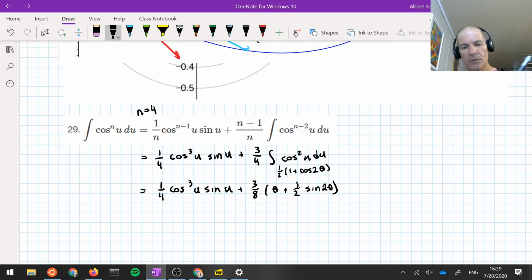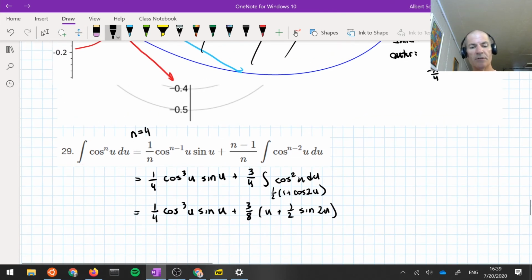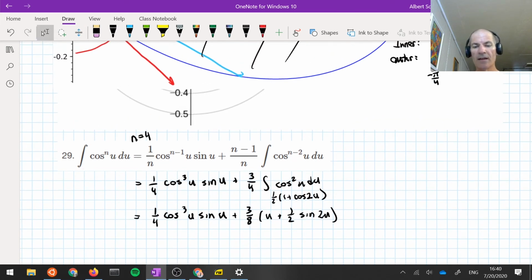All of that, oops, changed it from theta to u, and that's also a u, apologies. That's the antiderivative of cosine to the 4th, and I'm supposed to plug in pi over 4 and minus pi over 4 and subtract.